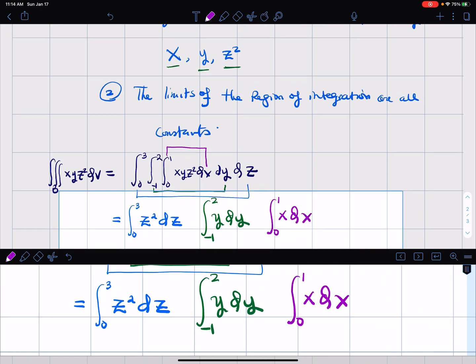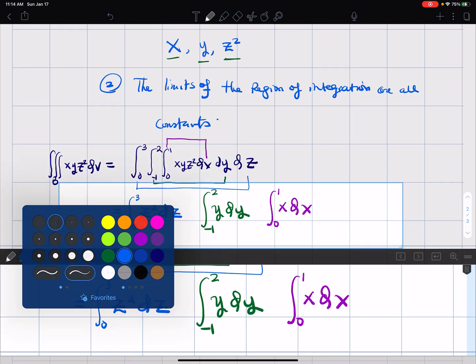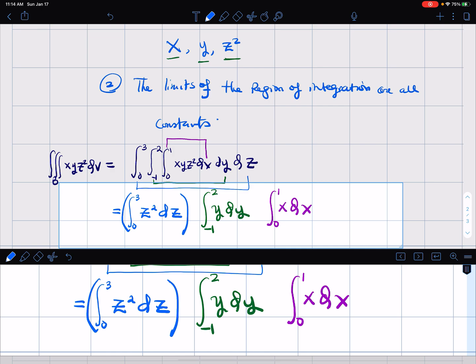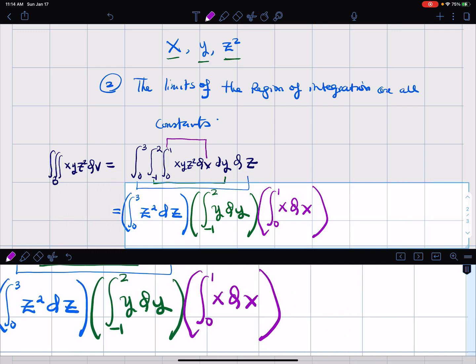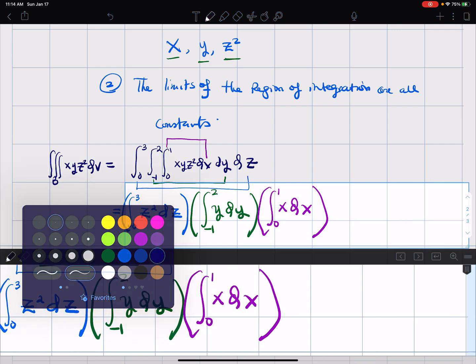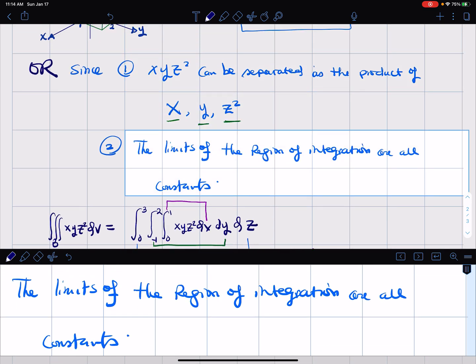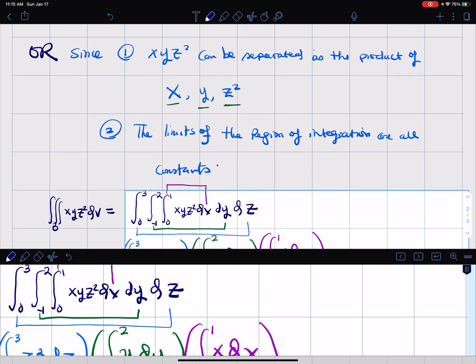So you perform each of these integrals and then you multiply them. Perform the integration separately and then you multiply the answers. That's what you do. If you do this, the answer to the problem, what I got is 27/4.